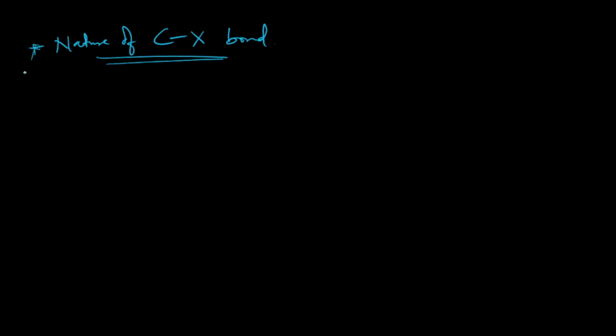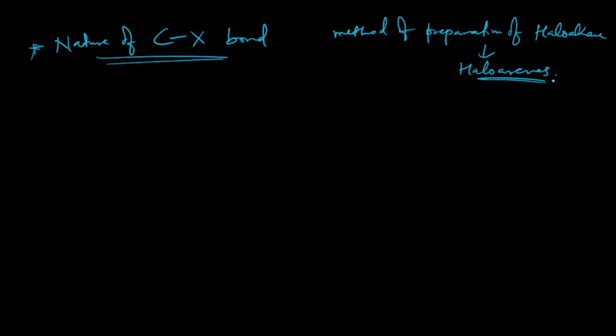This will be covered in the next class, and then we'll go for methods of preparation of haloalkanes, and then we'll go for haloarenes. Got it? Understood? And if required, I'll tell you how to practice the periodic table, or if you know it, do practice. It will be required in this type of reactions.